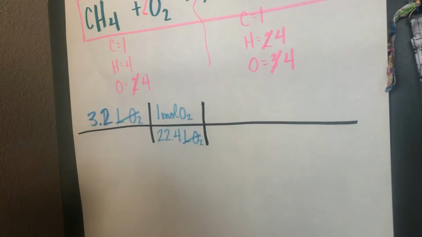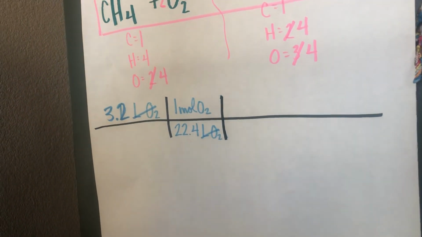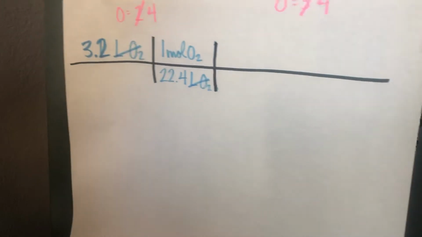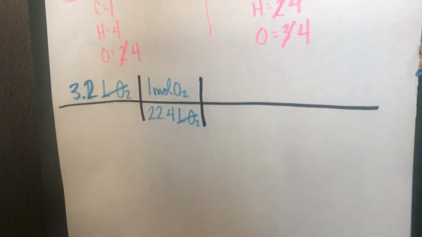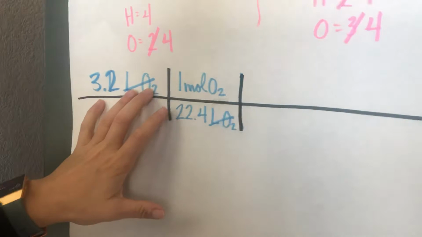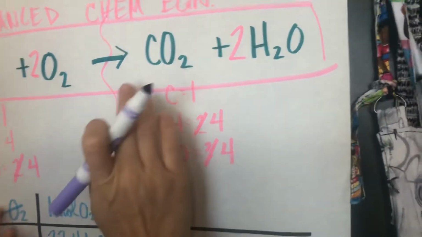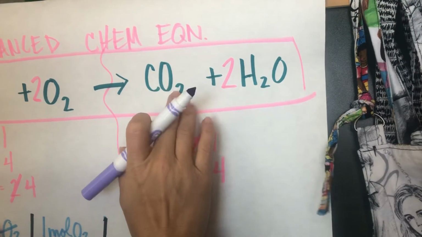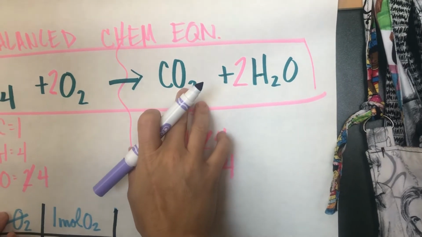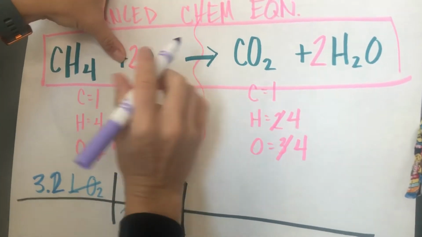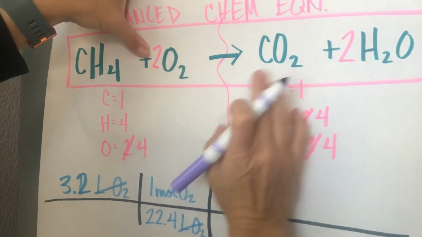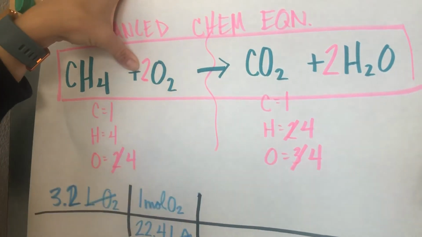Now we need to go up to our balanced chemical equation and look at that molar ratio. We're going from moles of oxygen consumed to liters of CO2 produced. We need to look at the ratio of oxygen and CO2 in the balanced equation, because those are the ones we're dealing with in the problem.